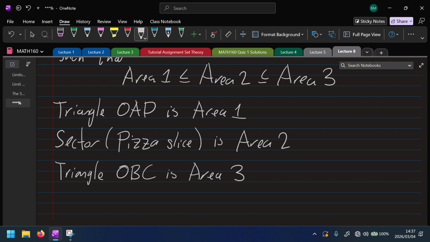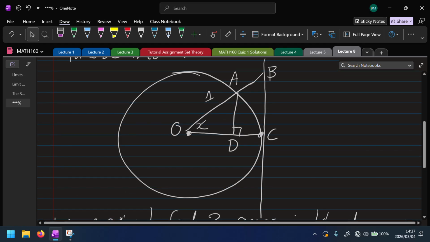Okay, so we have area 1, area 2, and area 3. And we can see that area 2 is larger than area 1, right? Because it includes this little extra bit over here. And area 3 is larger than area 2 because it includes this bit up here. Does everyone see that? Area 1, 2, and 3? Yeah. Now we need to find these areas.